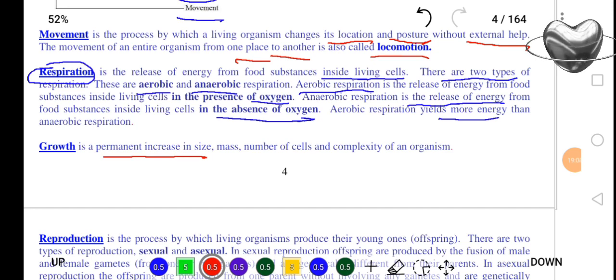Why? Because a non-living organism has no living cells. Every animal, every plant, or any kind of living organism is able to grow because of the multiplication of cells inside the body. It is because of the multiplication of cells that living organisms become complicated. That's what we call complexity.